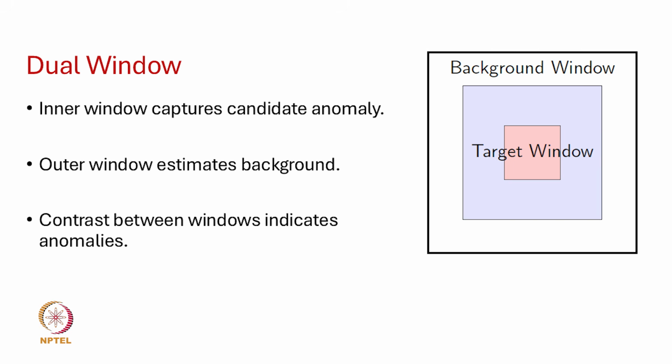In this case, the inner window captures more local variation, whereas the outer window captures rather global background information. And the contrast between the outer window and the inner window provides us more detailed information about what kind of anomaly we are looking at.